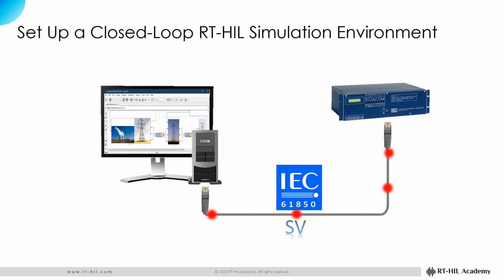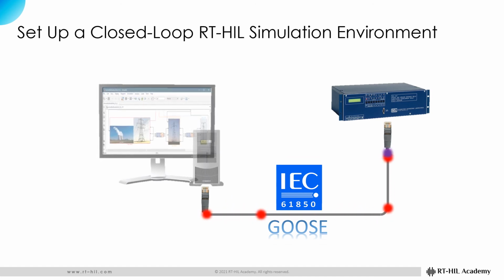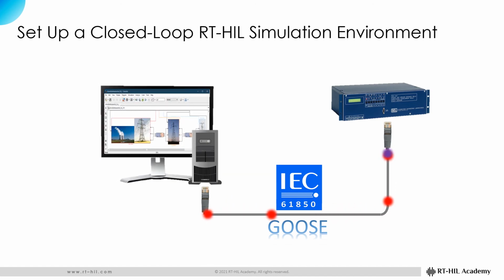On the other side, a protection relay, subscribed to those messages, receives the voltage and current data and publishes a trip signal as an IEC 61850 GOOSE message when a fault occurs in the system. The real-time simulator, subscribed to that message, receives the trip signal that eventually goes to a few simulated protection relays.